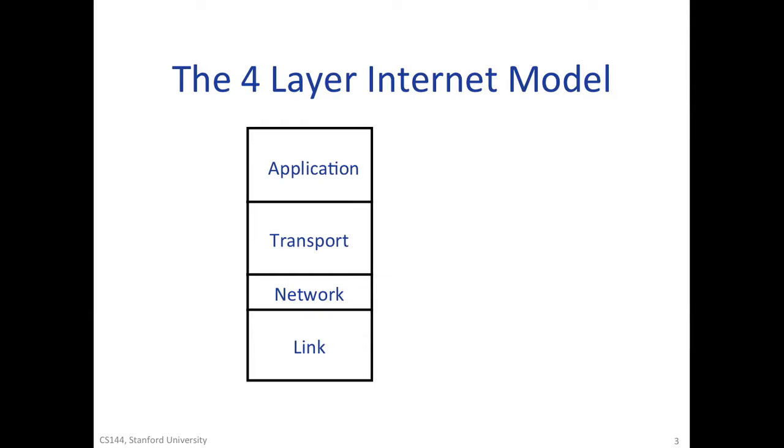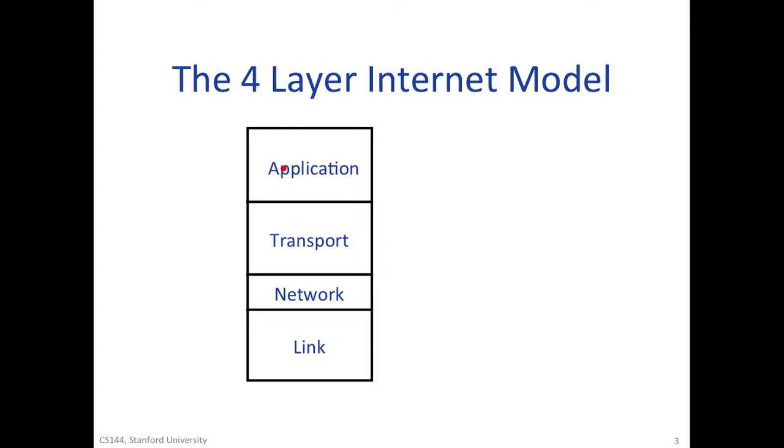Remember that networks are arranged in layers, where each layer provides a well-defined service to the layer above. What layers do is break down the whole process of communication into a useful set of services that can easily be reused by other applications. So for example, in the figure shown here, we have the application as the top layer of the internet model, and the application is the applications that we use every day, like web clients, email, and so on.